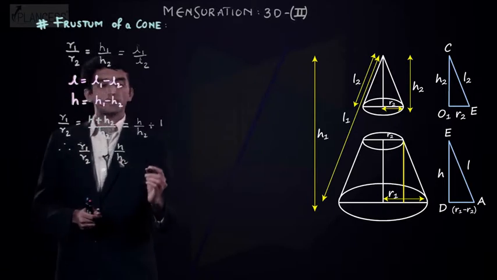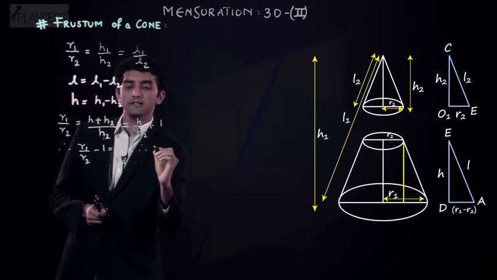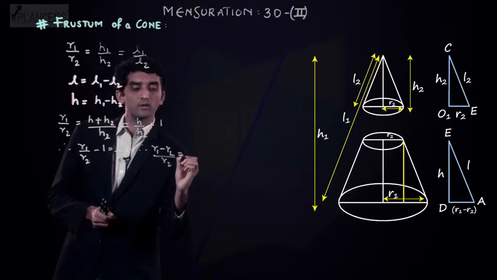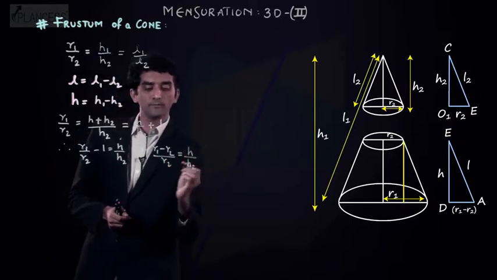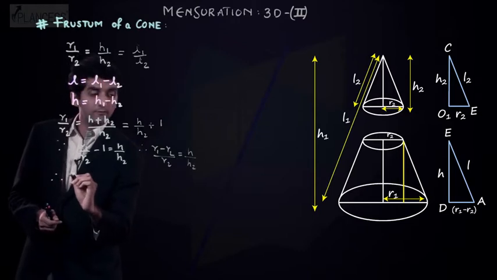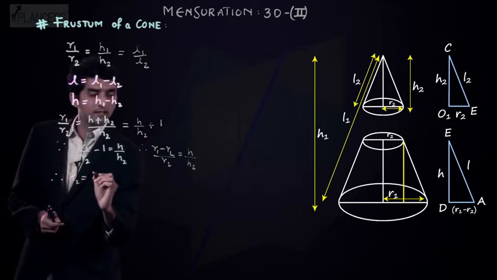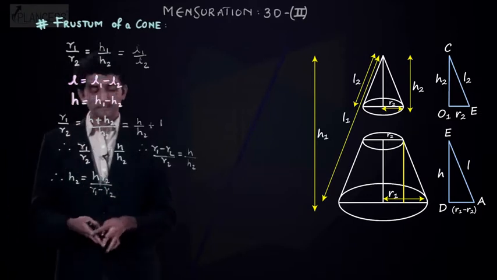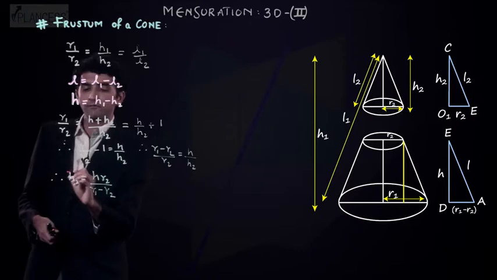Therefore, this gives r1 minus r2 upon r2 equals h upon h2. So we have h2 as h r2 upon r1 minus r2. This is the result for h2 that we have figured out.